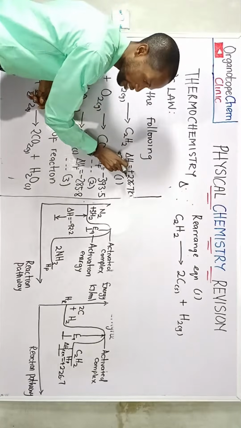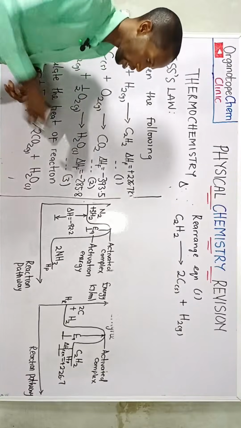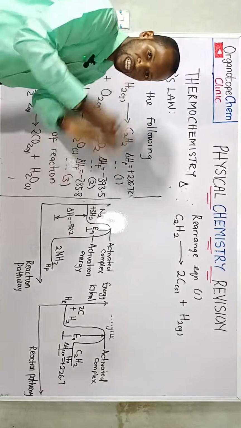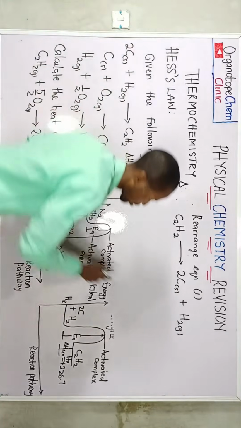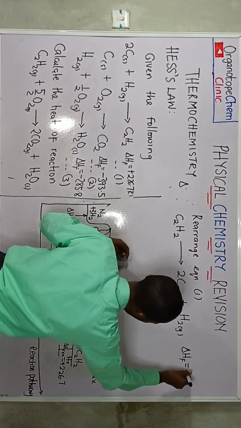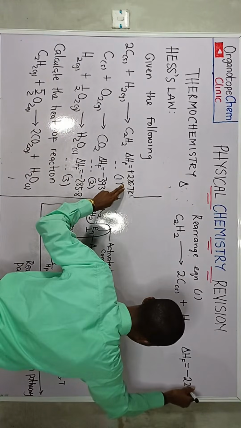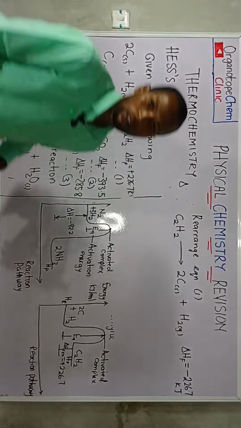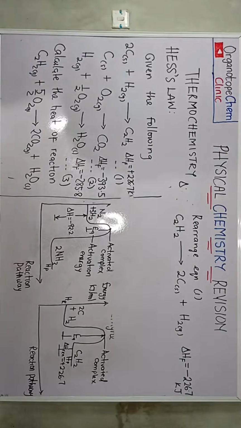Therefore, it will affect the sign of enthalpy of formation of the ethane. So if the sign is positive initially, it will change to negative when you reverse the equation. Okay, so we are going to have enthalpy of formation is now what? Negative what? 226.7 kilojoule.